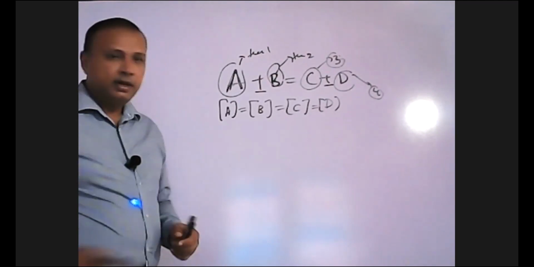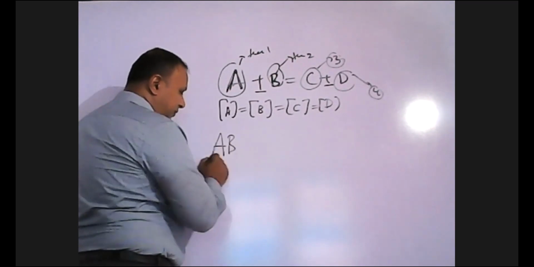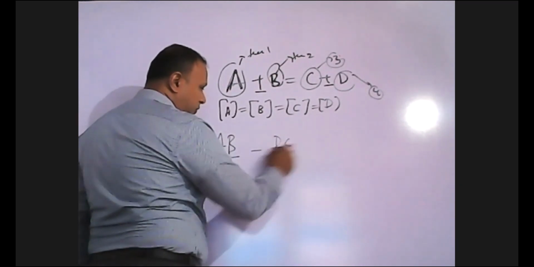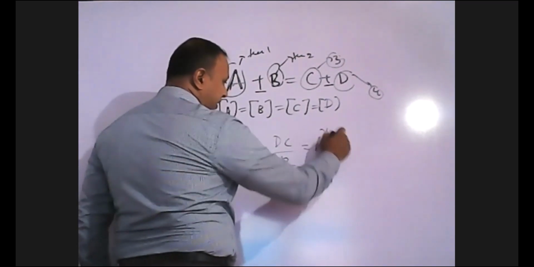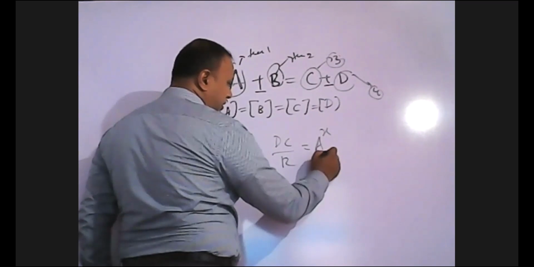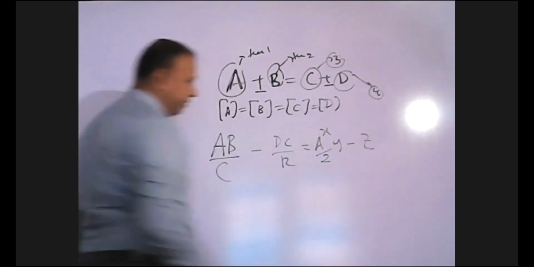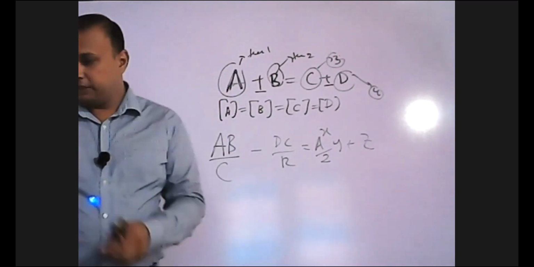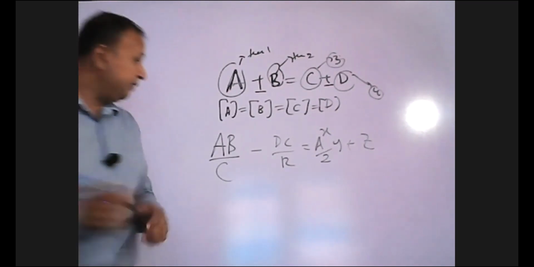As an example, suppose there is AB over C minus DC over R equals A to the power X over 2Y minus Z plus Z. Suppose we are given this kind of equation.